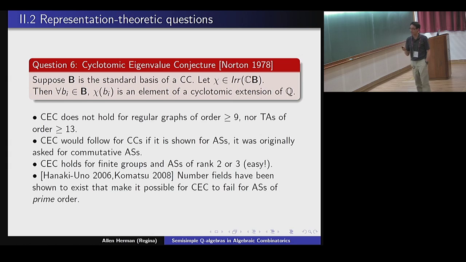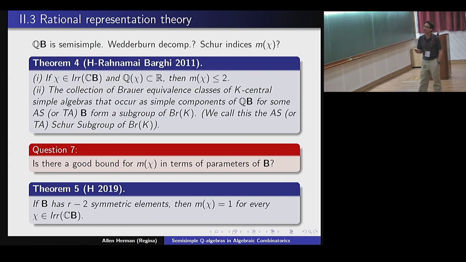This is an open question even in the prime world, whether it is possible for it to fail. So there's a table algebra for which it fails, but satisfies all of the necessary conditions to be an association scheme.